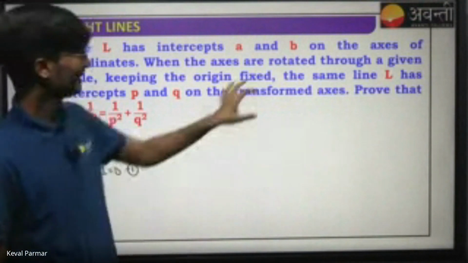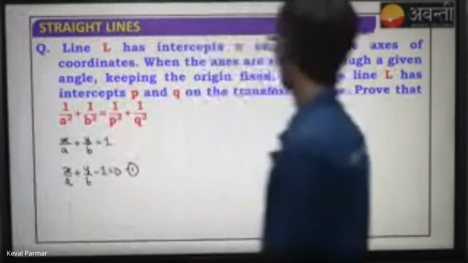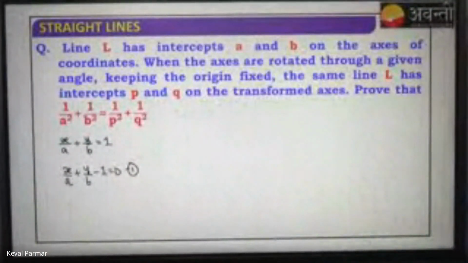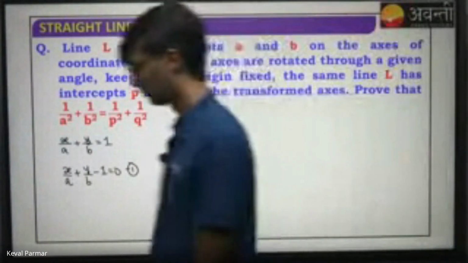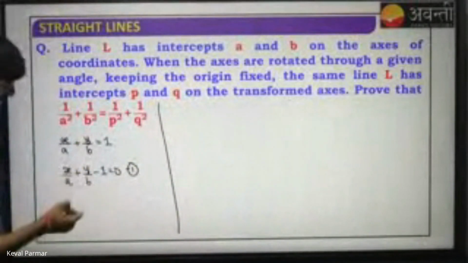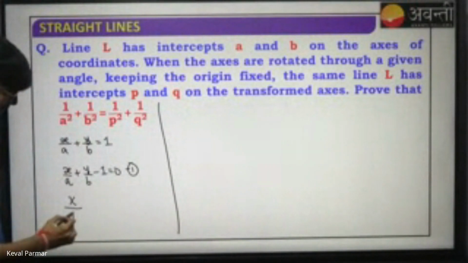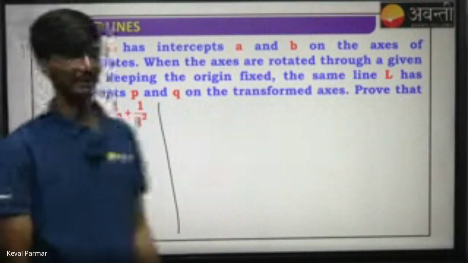Right? When the axes are rotated through a given angle, keeping the origin fixed, the same line L has intercepts P and Q on the transformed axes. So again, the equation will be capital X upon P. Why am I using capital X, guys?